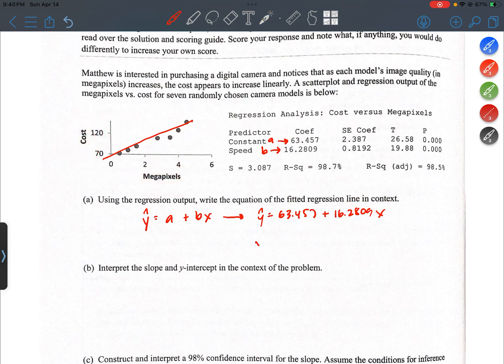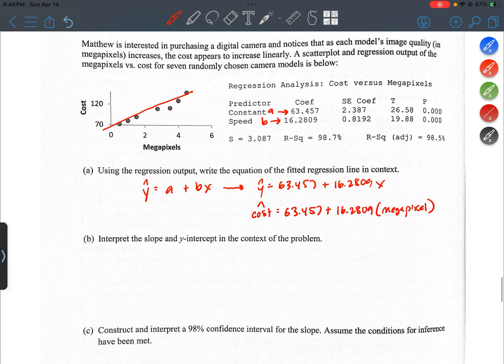Predicted cost equals $63.457 plus an additional $16.2809 per megapixel. Okay, there we go.